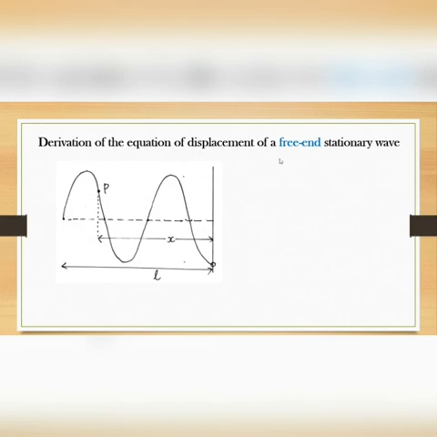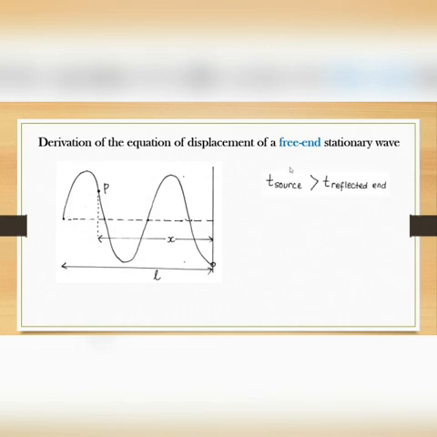In the previous fixed stationary wave, there was a node at the reflected end, but in the free stationary wave, there will be an antinode here. We know that with a free stationary wave, the reflected wave is not inverted, so there will be 0 phase change.